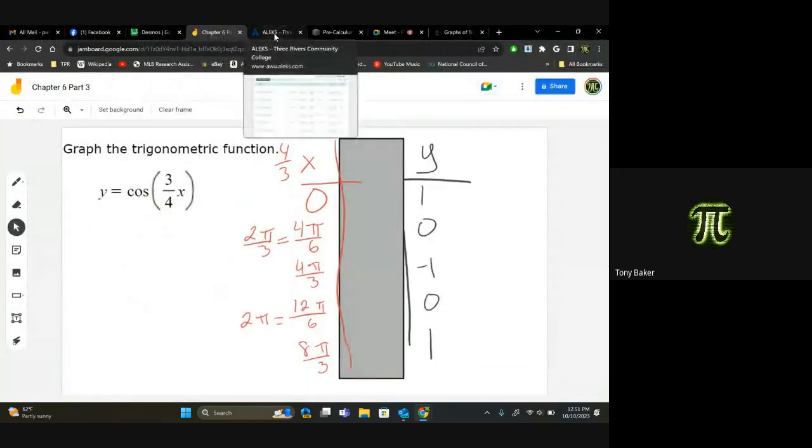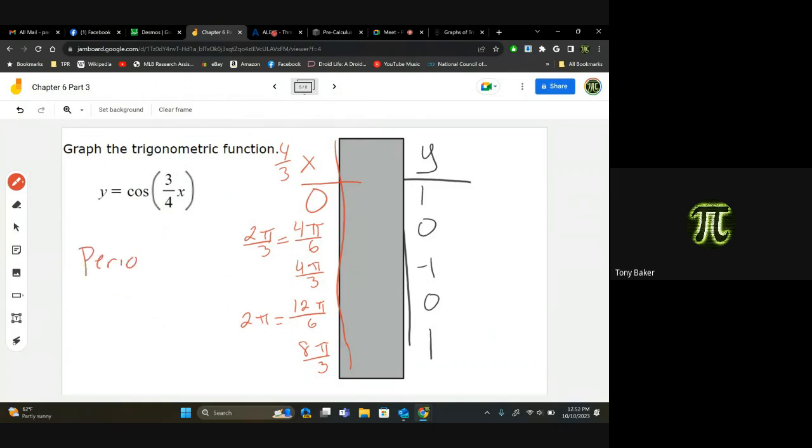So to figure out the period of a trig function, I think they use b for that one. It's 1 over b times 2 pi, if I remember right. So this is b. You flip that over and you multiply it by 2 pi.